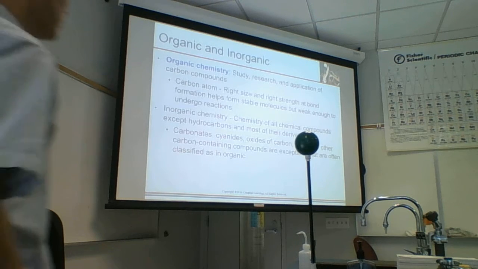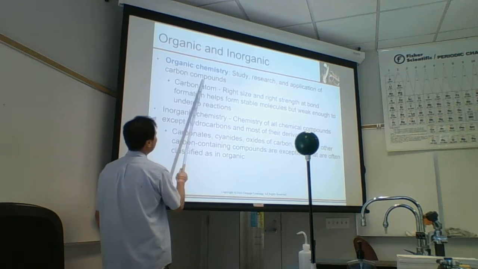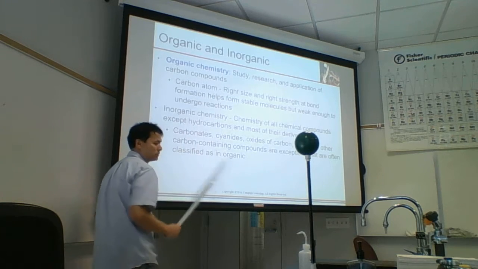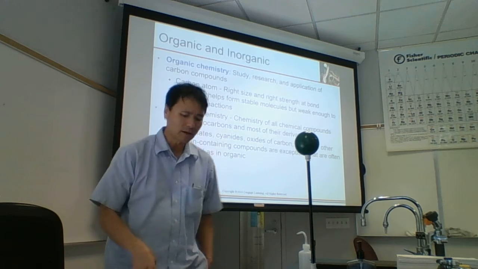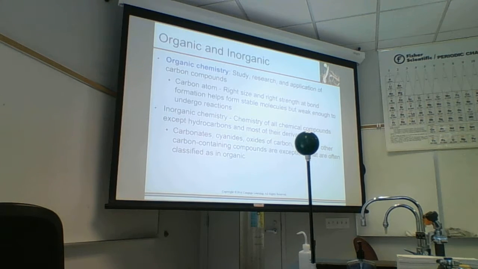Well, actually, we've been talking a little bit about organic chemistry. Organic chemistry is carbon compounds. Chemistry is focused on carbon compounds. Not all carbon compounds are organic, though, but they're a large number.